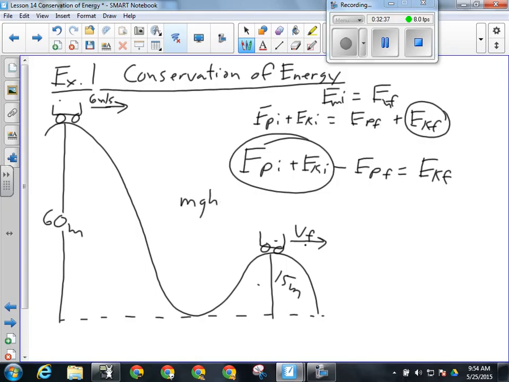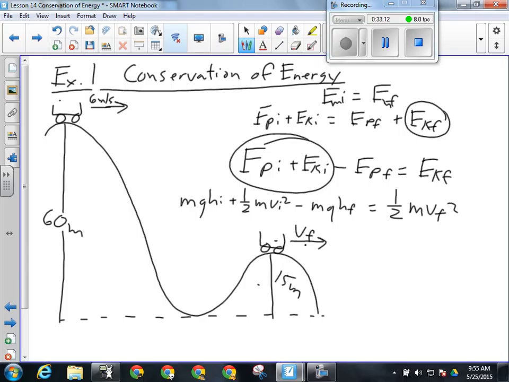M times G times H initial plus 1/2 mass times V initial squared minus M times G times H final equals 1/2 M VF squared. It's a lot of writing, but it's no new formulas. I want to get VF by itself. So what do I do?